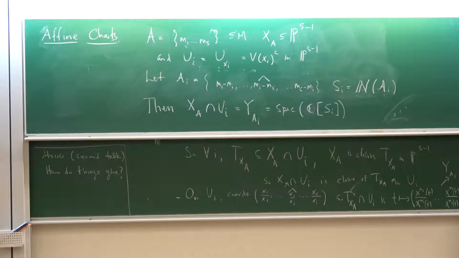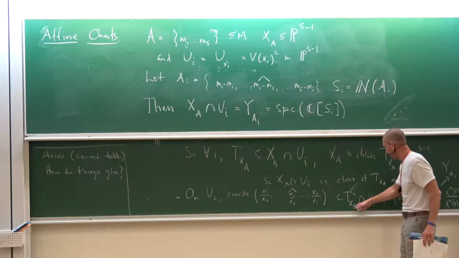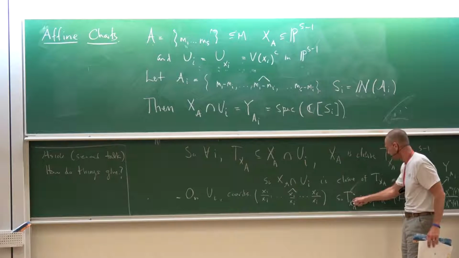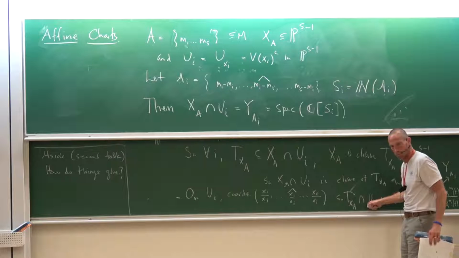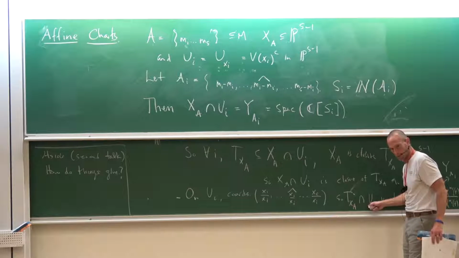Yes, questions, by the way. So what is T X sub A? This is the torus of X sub A, but I'm intersecting with U sub I. So on my torus of X sub A intersected with the U sub I piece, what's the image?